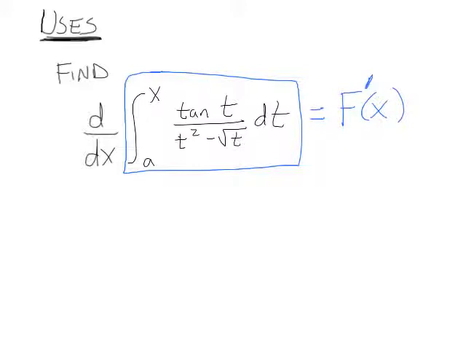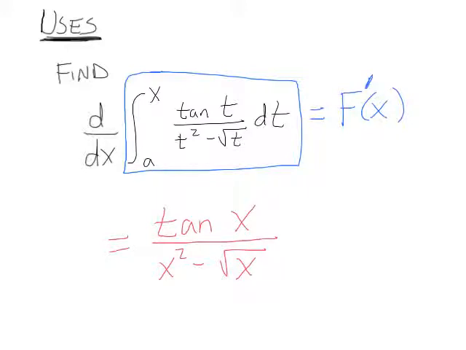So the answer is: take f of t and replace the t with an x. So it equals tangent of x over x squared minus root x. The derivative of this integral is tan x over x squared minus root x.